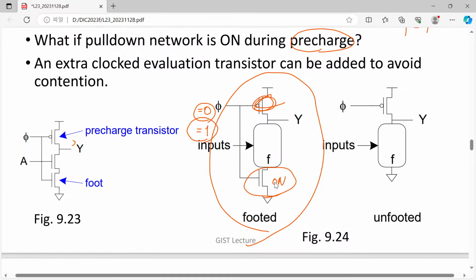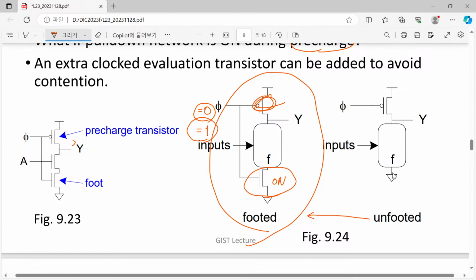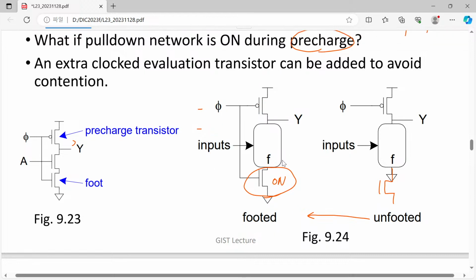So everything looks quite good, but of course, compared with the footless implementation, we must introduce an additional N MOSFET. It is not that good in terms of size, so that should also be understood.